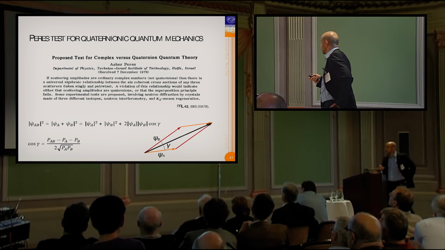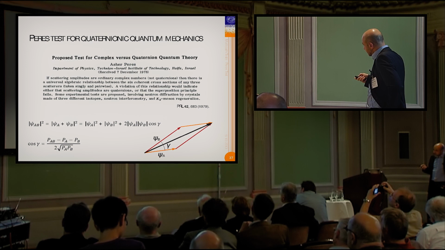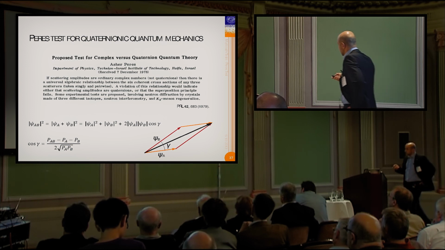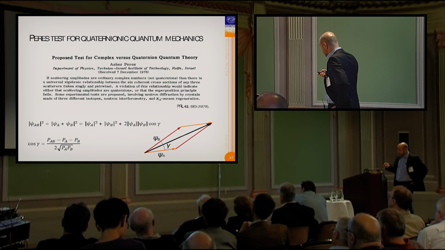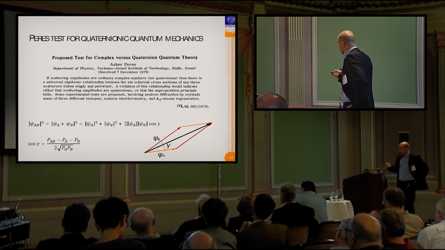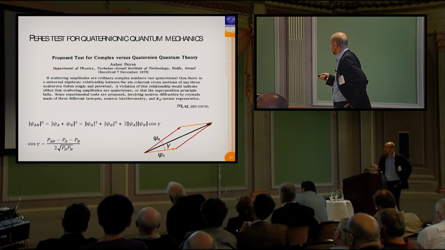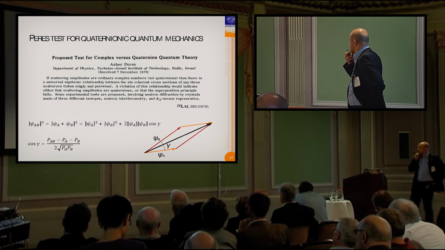This works by pretty much the same thing we do here. You take a two-component wave function, and if I express this norm as P_A plus P_B plus the interference term again, then I can look at the angle between these two vectors, and I can calculate this angle in the way I've shown here.